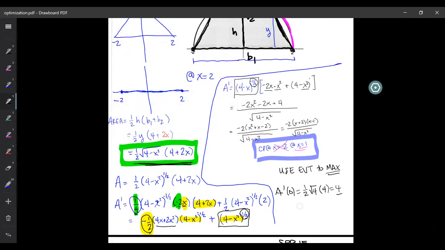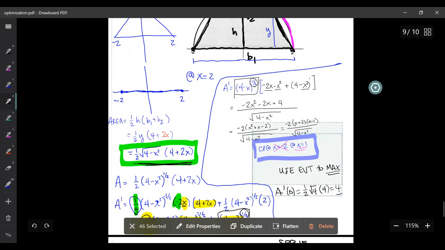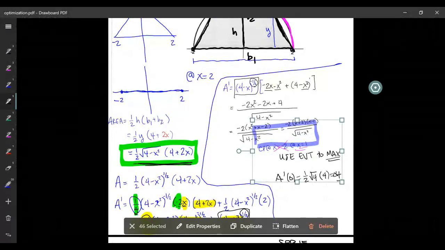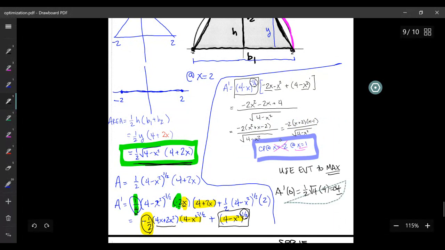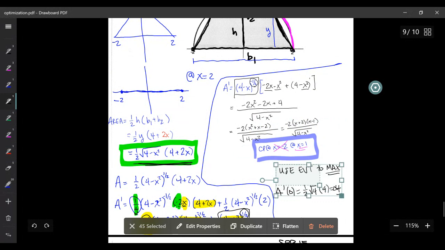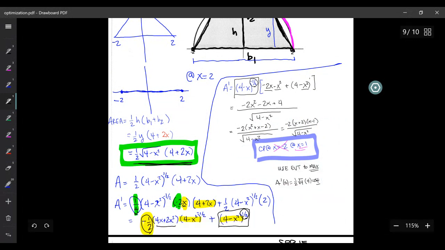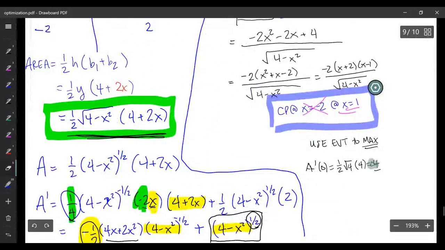Okay, so when I plug a 0 in, I get a 4. If I put a 1 in, this is not a prime, this is just A. A of 1 would be 1/2 root 3 times 6, which is about 5.196.